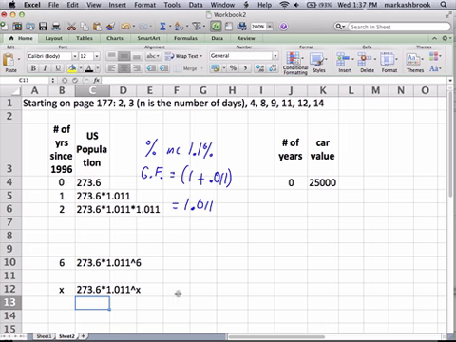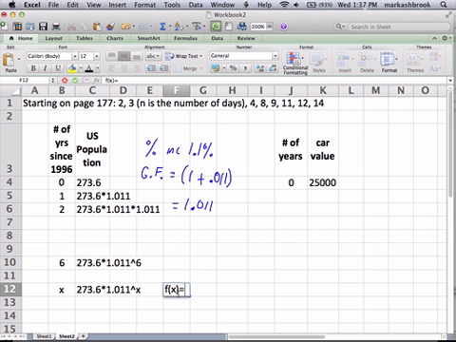So that's our function. They told us to call it f. So f of x equals 273.6 times 1.011 to the x.